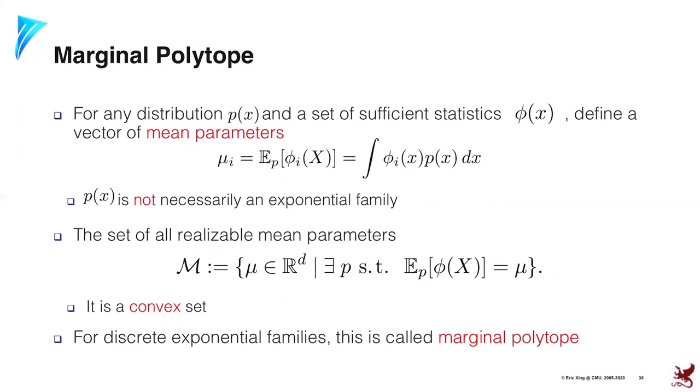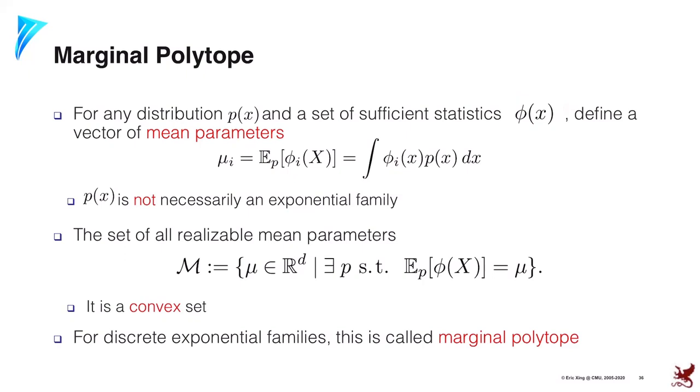So for any distribution p(x) and a set of sufficient statistics phi(x), we should note that this distribution p(x) is not necessarily an exponential family. And then we define a vector of mean parameters like this. And then the set of all realizable mean parameters would be a convex set.